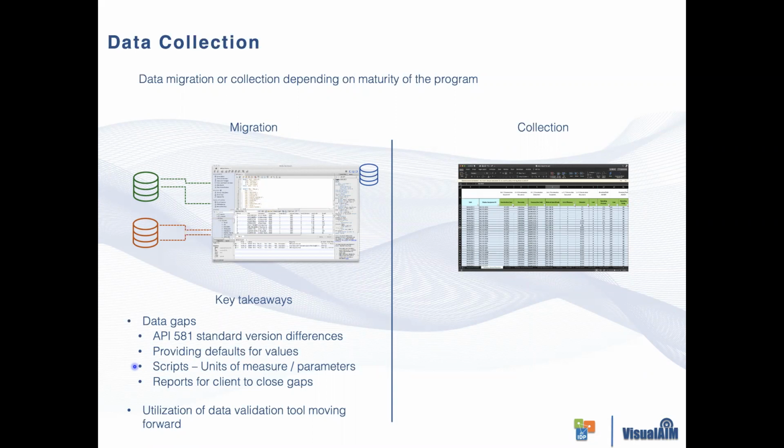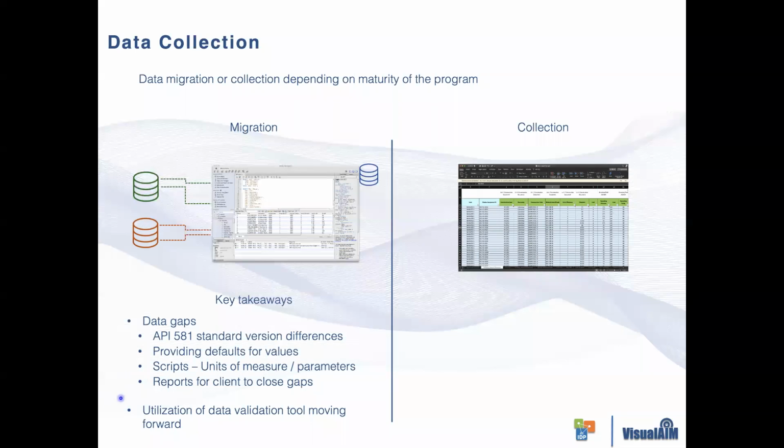So all of these different things we were able to provide in a report format for the client to review, and basically close the gaps of these information discrepancies on their end before we uploaded this database structure into the VisualAIM mechanical integrity database structure. And once that process was complete, everyone was happy with respect to the data that was being imported.